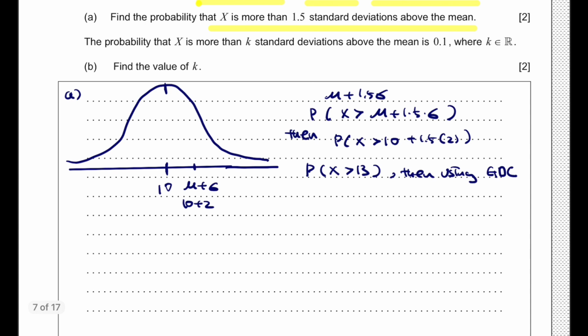So using GDC, we're going to press second, bars, and we are going to use normal CDF.